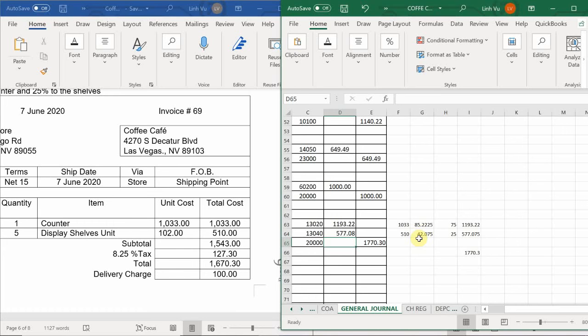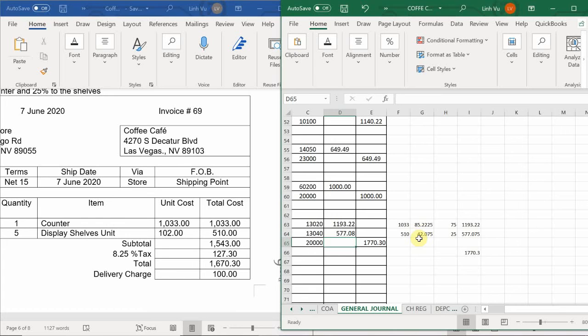But if your accountant tells you that you want the exact weight, then we'll use the exact weight. But in this case, I told you that 75% should go to the counter and 25% to the display shelf. So I split the shipping 75 and 25, and then I add up my totals.